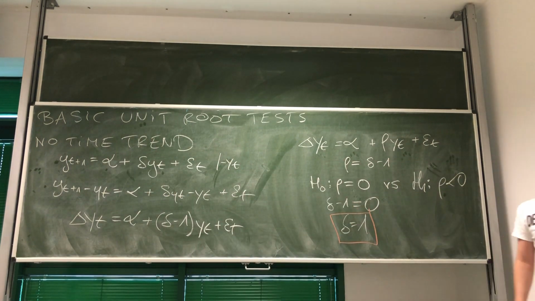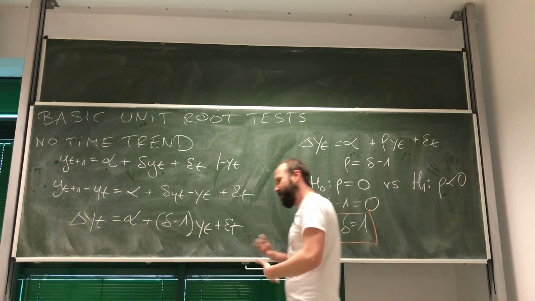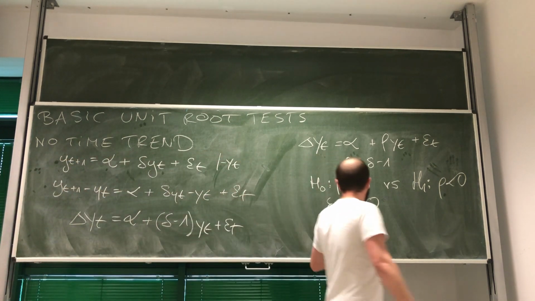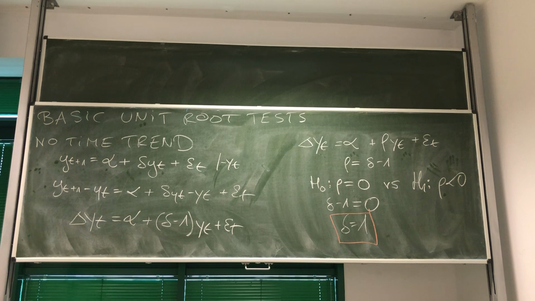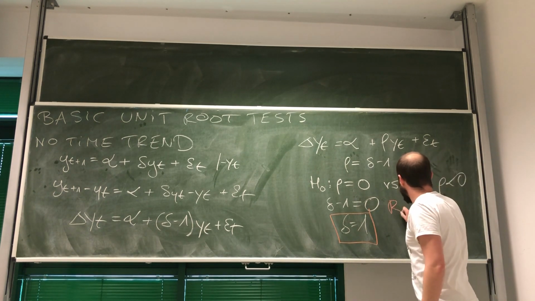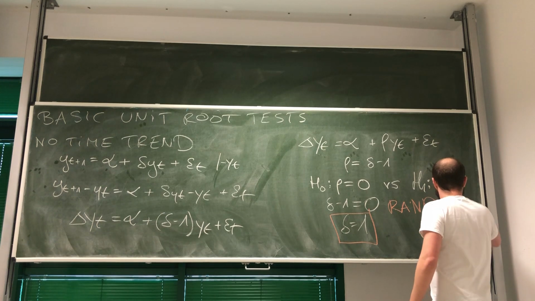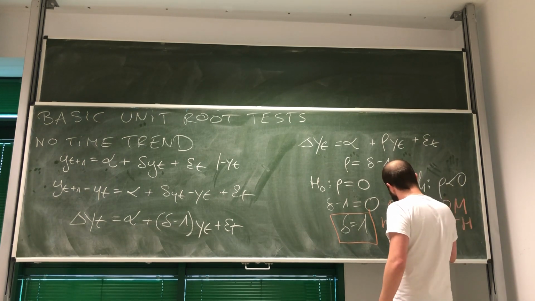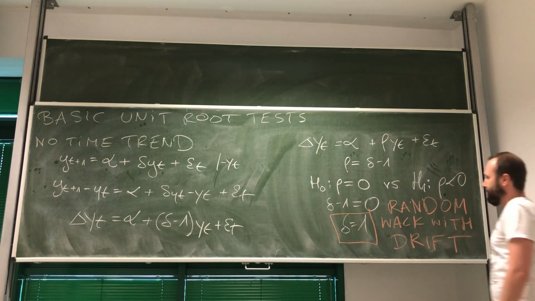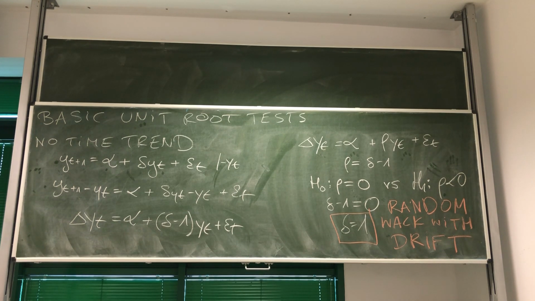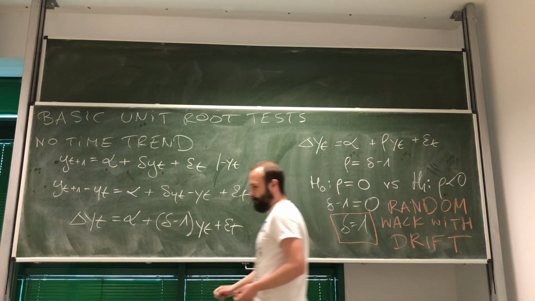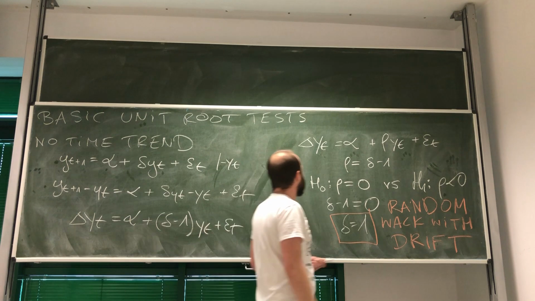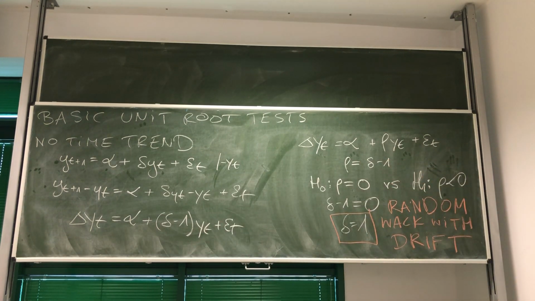This is where the unit root that you were always talking about in econometrics class comes from. If it happens that delta is exactly 1, what we are going to have is a random walk with drift. Okay, so we've got a way of detecting if some time series is a random walk with drift.